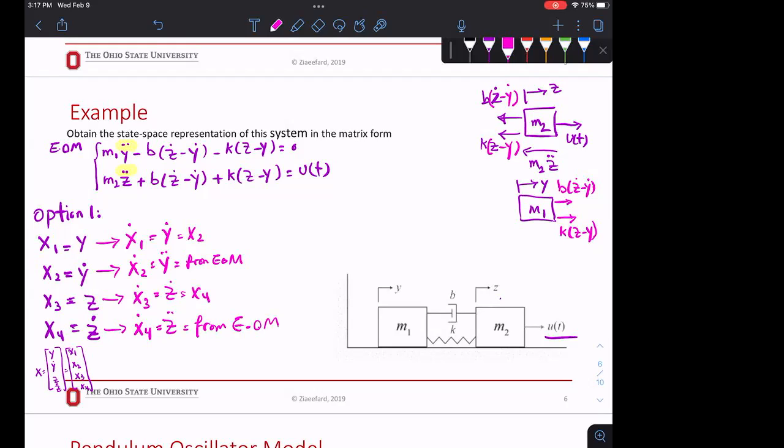So there is another option when we are defining our state variable vector. The minimum number that you absolutely need is the number of components that restore energy. How many components together do we have that will restore energy? Inertia is kind of restoring energy for us because it's m a double dot.